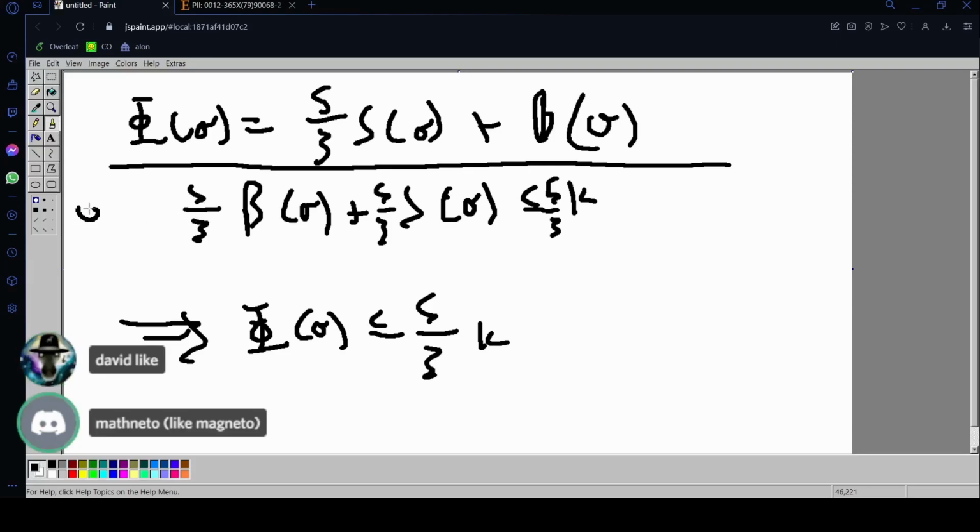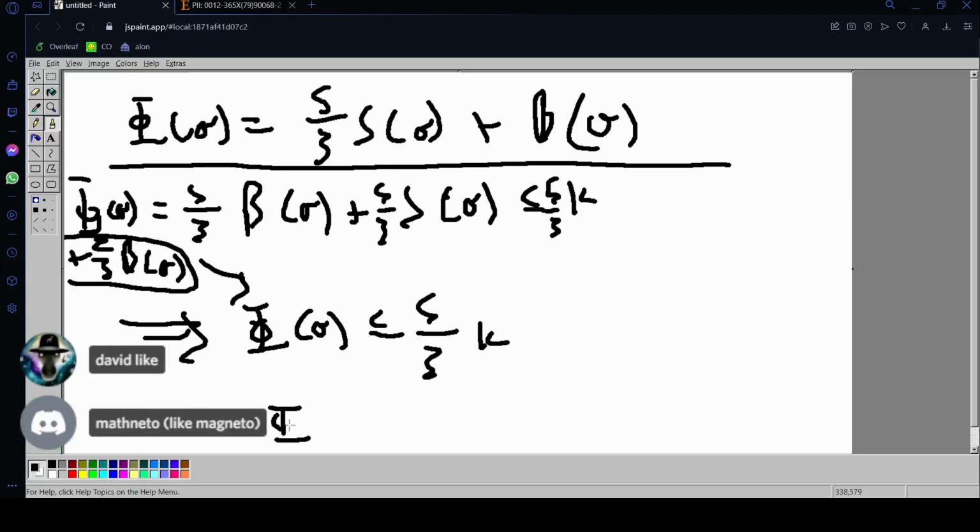Now, this is equal to our thing, right? Except we've added 2/3 this, and therefore, we get, because this term is positive, that obviously it should be at most 5/3 k, because phi of sigma is at most 5/3 k minus this positive 2/3 b sigma thing.